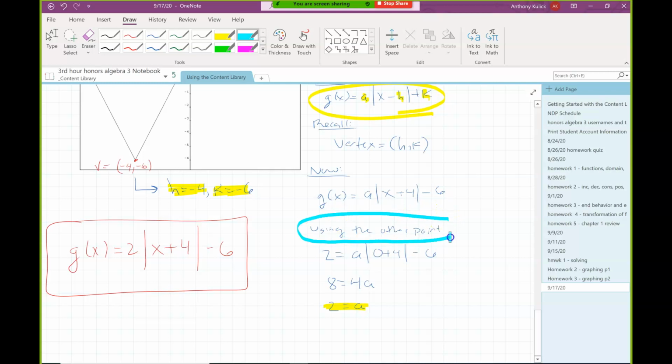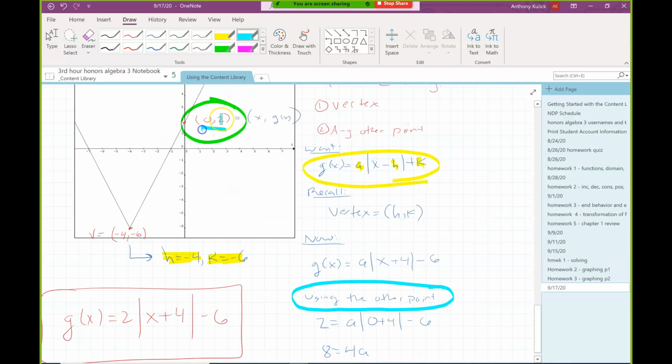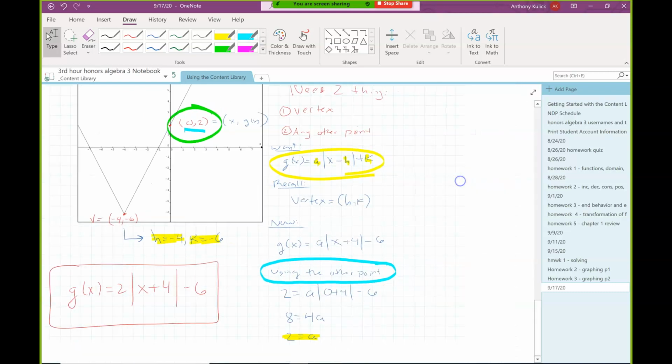Using any other point on the graph, the point that we used was this 0, 2, just because it was easy to identify the coordinates, since it was one of the intercepts. I plugged in this point 0, 2 as an x comma g of x. So I plug 2 in for g of x, and I plug 0 in for x.